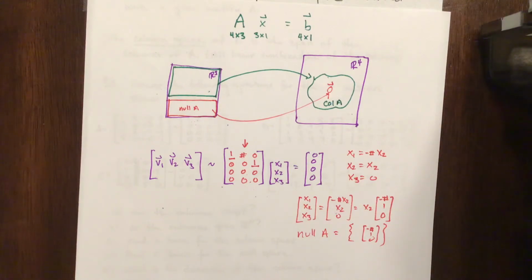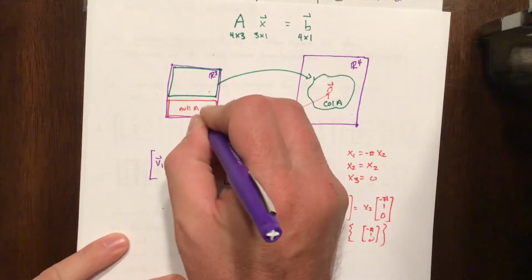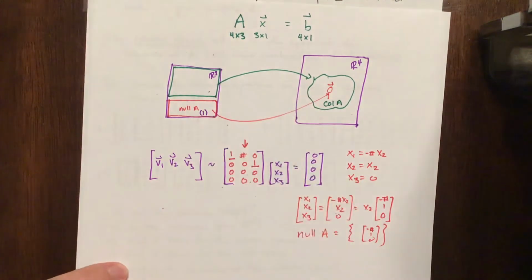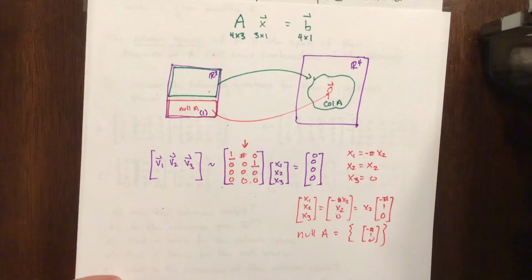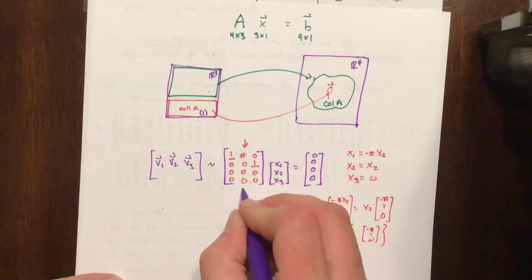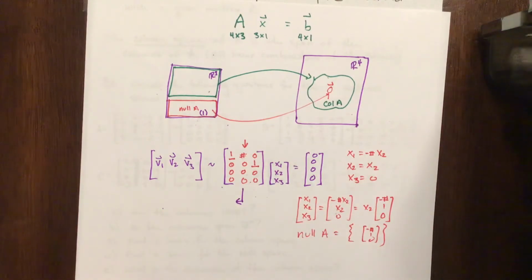Now, looking back at our matrix again. Oh, and I should say the dimension of the null space of A is 1, because this vector forms a basis for the null space of A. So how many vectors are in this list? 1. So there you go. Now, null space stemmed from the number of free variables.